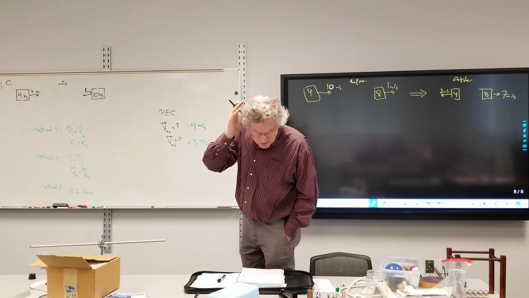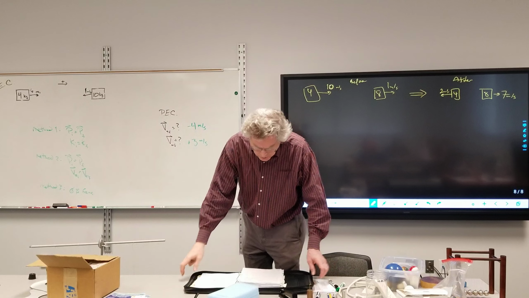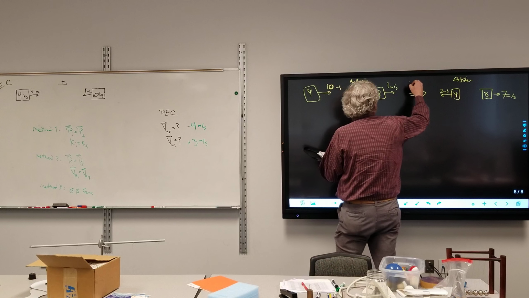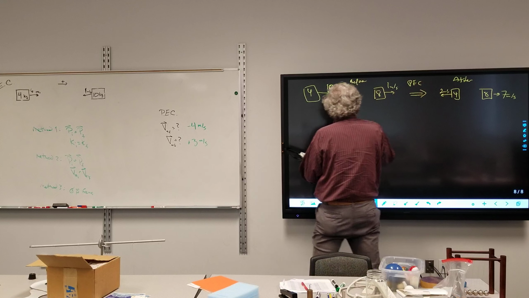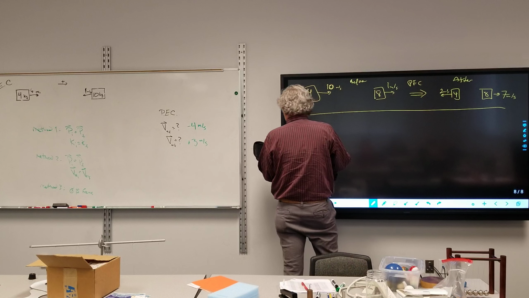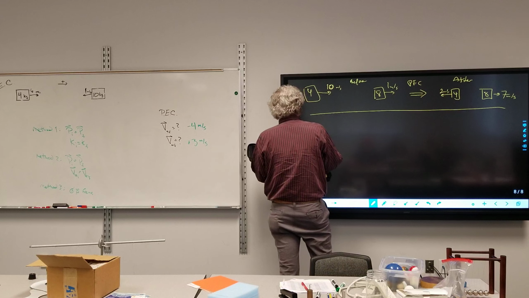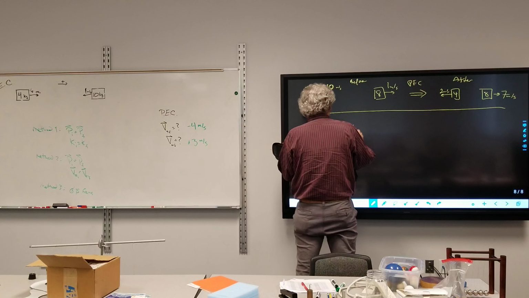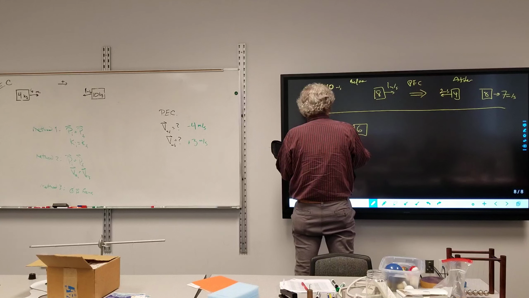And I'm going to put one more up. So, perfectly elastic collision. And I've got a 3 kilogram mass going to the right at 4 meters per second. 6 kilogram mass going to the left at 5 meters per second.